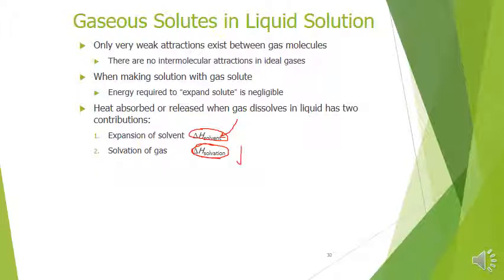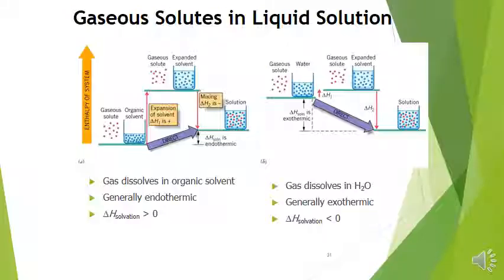Then if there are attractions, this would go down, this would go up, and if it's overwhelmingly favorable, you'll get a solution. Let's look at what happens here. When a gas dissolves in an organic solvent, it's generally an endothermic reaction. Dissolving in water is an exothermic reaction.